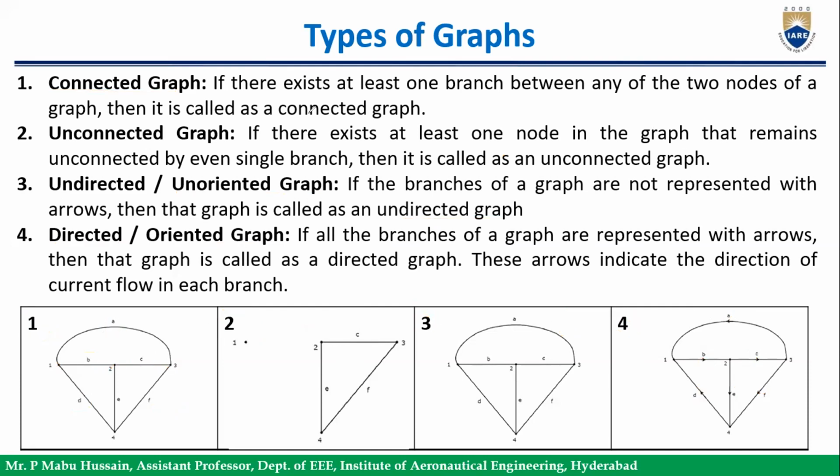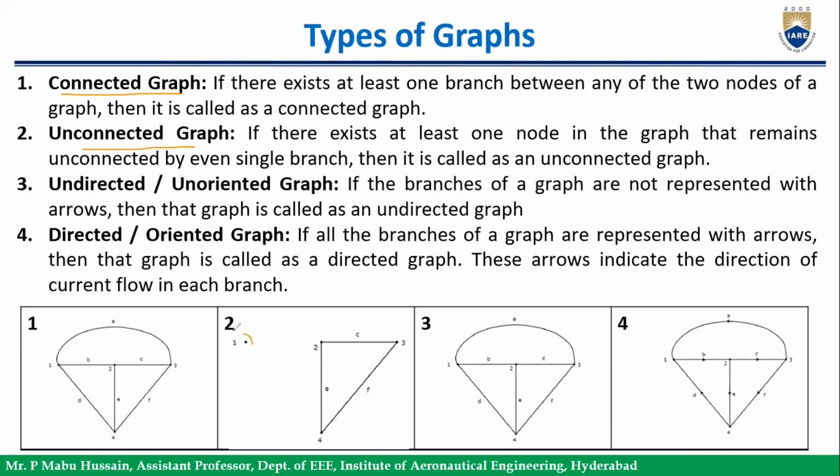So these are the different types of graphs: connected graph, unconnected graph, oriented graph, and unoriented graph. In a connected graph, there must be at least one branch between any two nodes. But in the unconnected graph, there is no element between at least one pair of nodes.